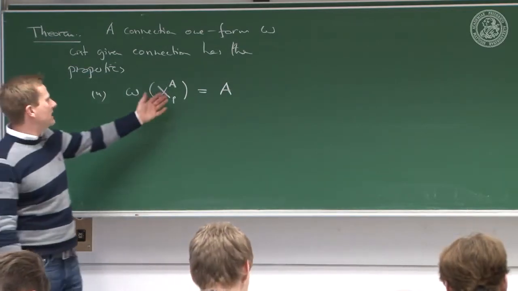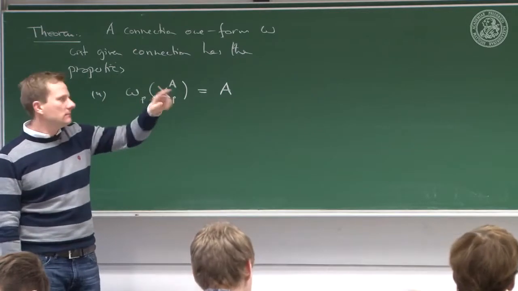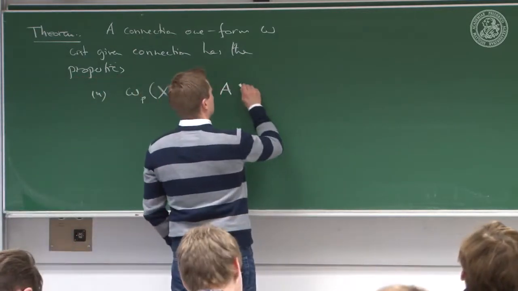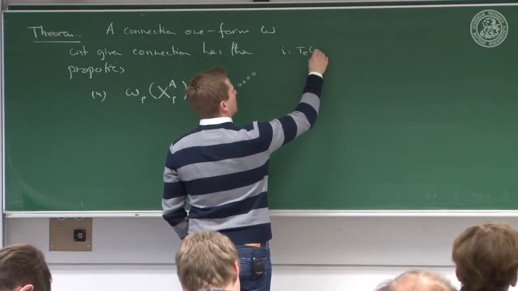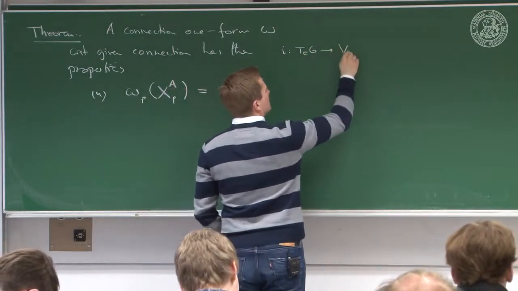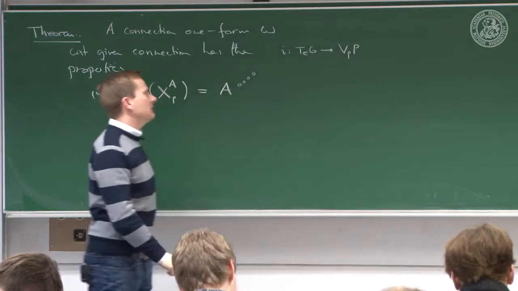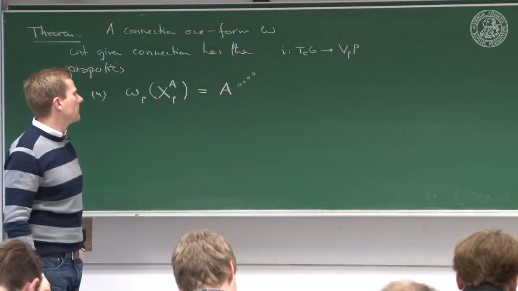So in a sense, before we had this map I, so let's again remember, we had this map I which took a Lie algebra element and sent it to the vertical subspace as we just saw.